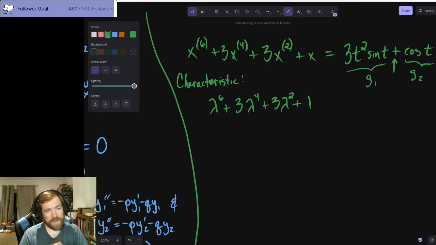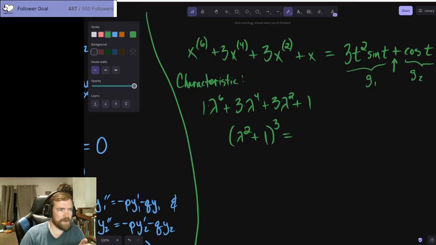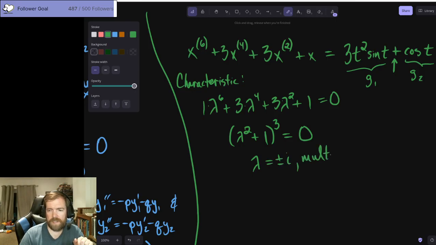This being a combination of 1, 3, 3, 1, it is something to the 3rd power: lambda squared plus 1, all raised to the 3rd, equal to 0. Then lambda is going to be equal to plus or minus i with a multiplicity of 3.